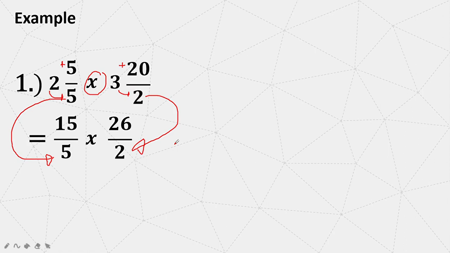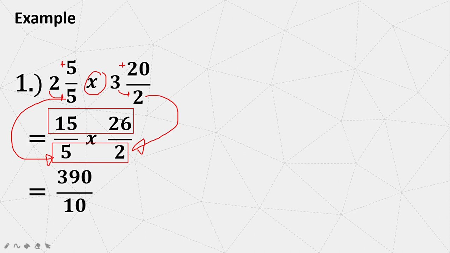Now, since fraction na siya, hindi na siya mixed fraction, what we're going to do is to multiply now numerator to numerator and of course, denominator to denominator. And when we multiply 15 times 26, okay, will give us 390. Okay? So, ito siya, 390. And 5 times 2 will give us 10.